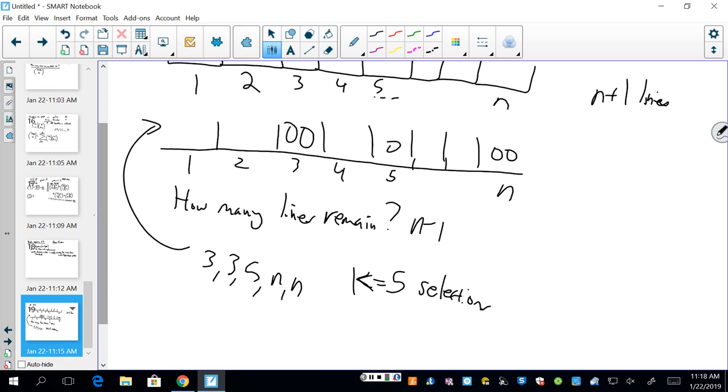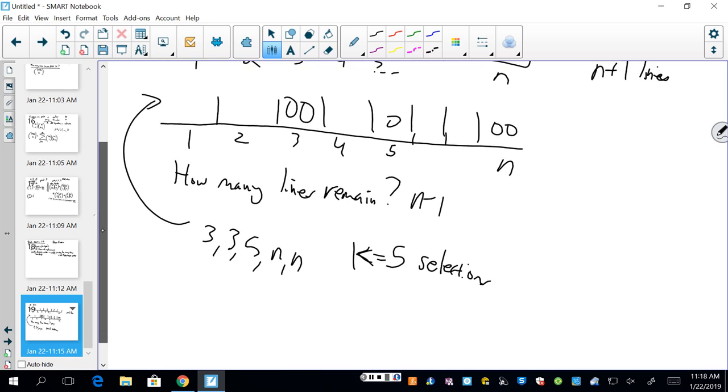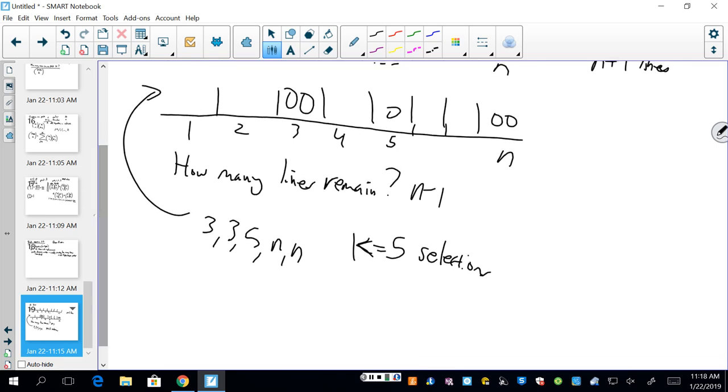This particular one is a little trickier and special, so this story works. So now the question of how many ways there are to do this corresponds to how many ways there are of, let's think about this. We have n minus 1 lines. How many balls and lines together?